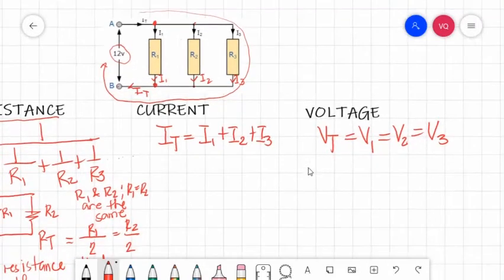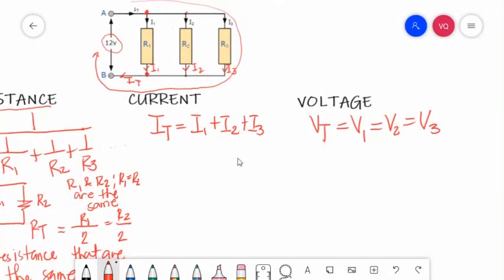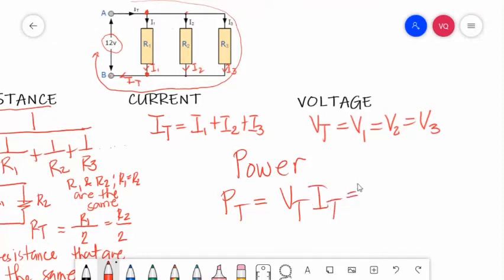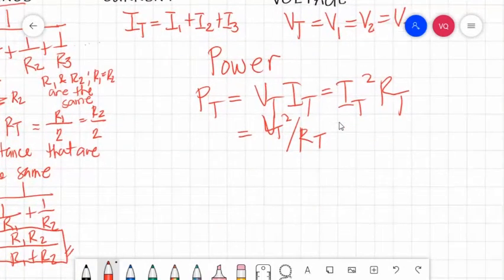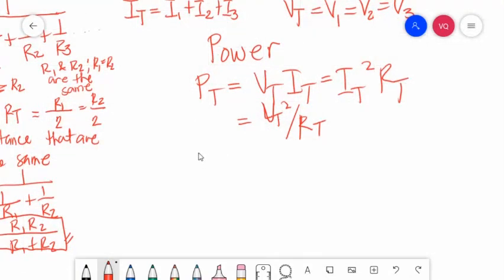How about the power? Power, same formula. Total power is equal to total voltage times total current, equal to total current squared times total resistance, equal to total voltage squared divided by total resistance. Same formula also in getting the power dissipated in each resistor.